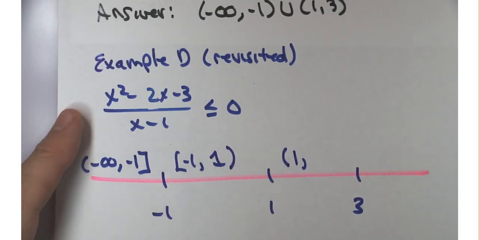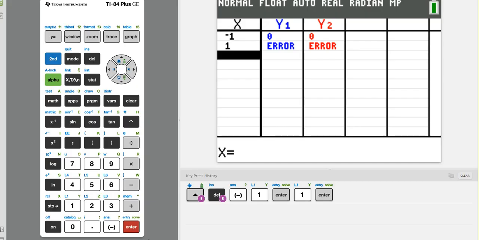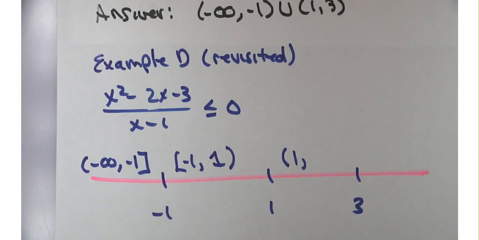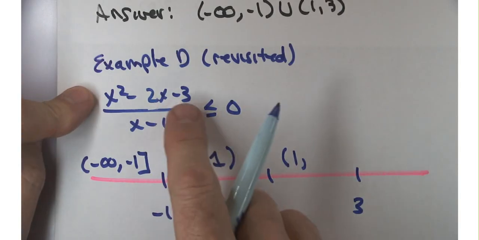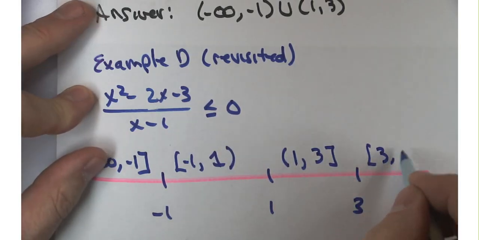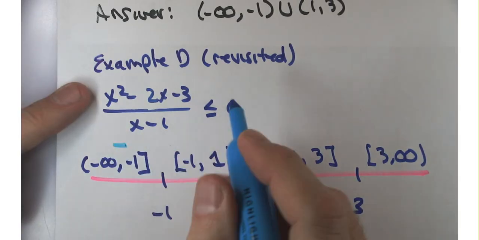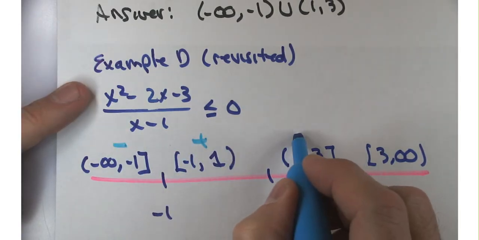How about can I use 3? Let's plug in a 3. Will 3 work? Yeah. 3 is okay because it makes the numerator 0. And 0 is less than or equal to 0. That's true. So these are my intervals this time. What you have to avoid is you can't let the denominator equal 0. It's still going to turn out to be, when you test your points, negative, positive, negative, positive.